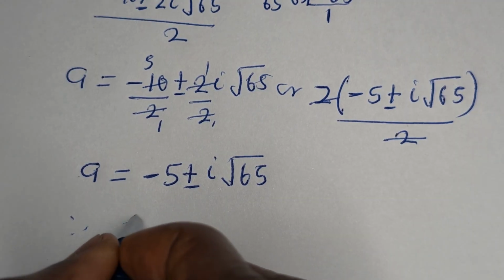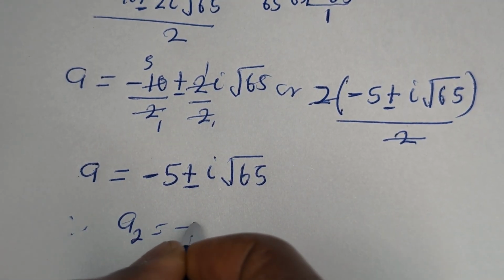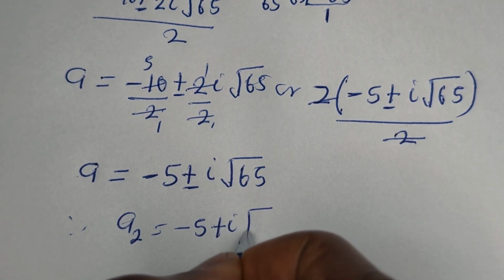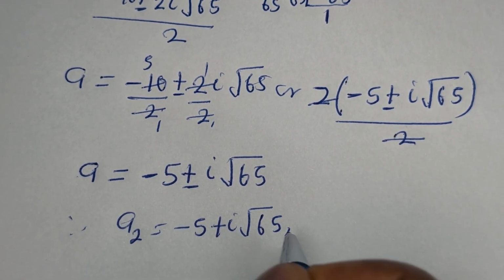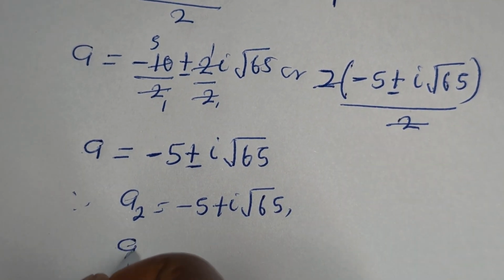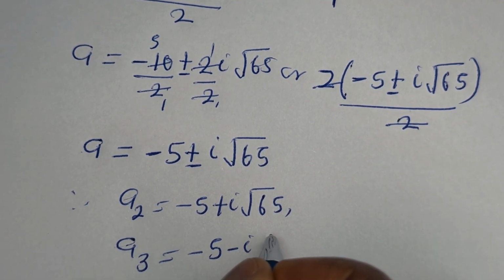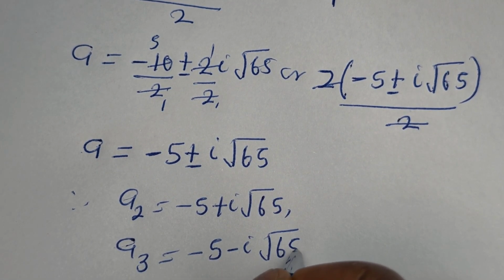Therefore, a2 is equal to minus 5 plus i square root of 65. Then a3 is equal to minus 5 minus i square root of 65.